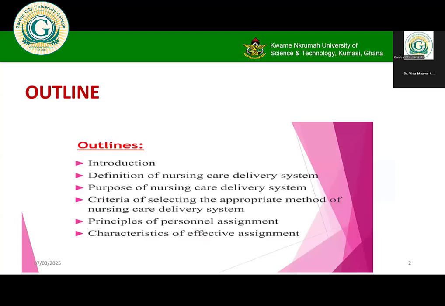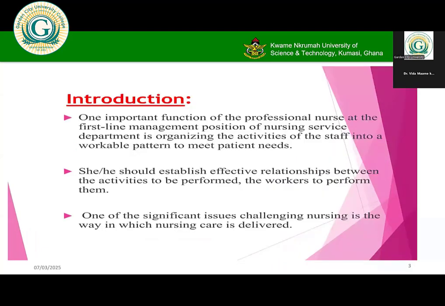You go through introduction, definition of nursing care, the purpose, criteria for selecting, principles of personnel assignment, and characteristics of effective assignment. This is one important function of the professional. I don't know if you have heard this and if you are practicing this model in your various healthcare settings.